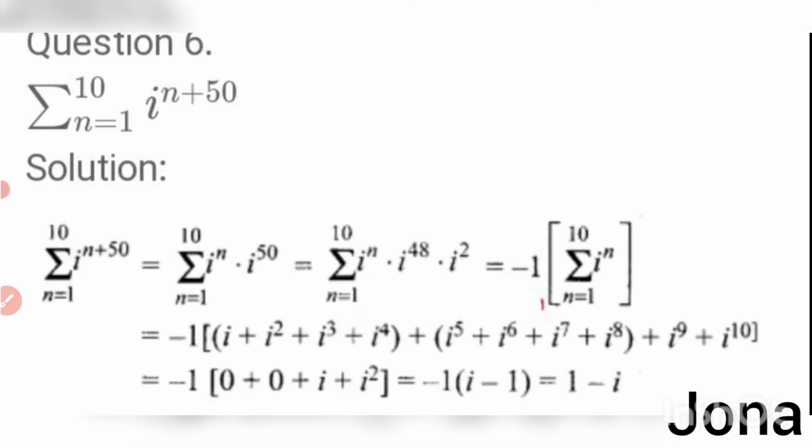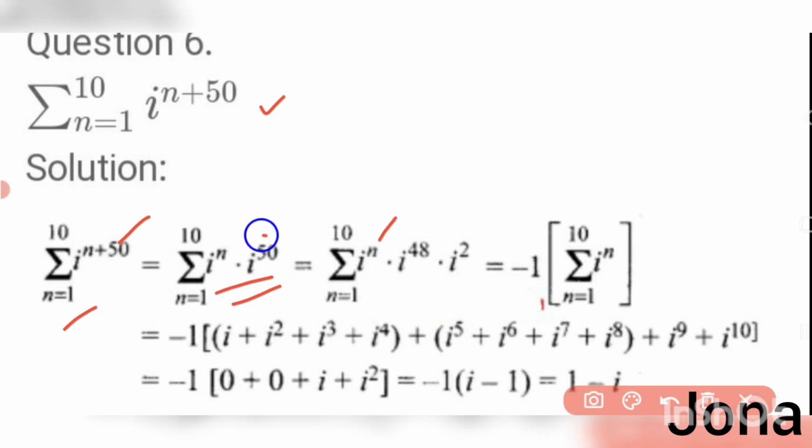And then question number 6. Sigma n equal to 1 to 10, i^(n+50). Here n equal to 1 to 10, i^(n+50), 50 can be split into 2 there. That means i^n into i^50. Here i^n is here, and 50 can be split into 2 parts there.